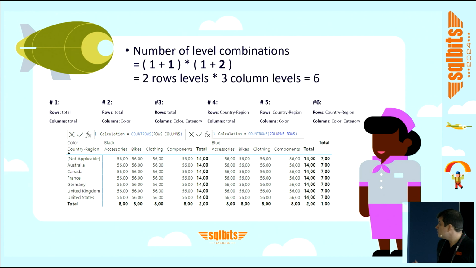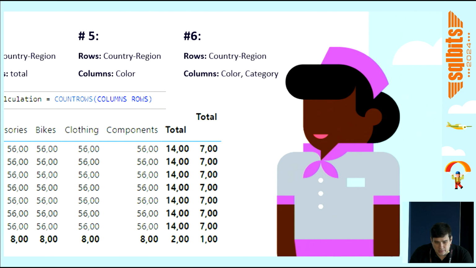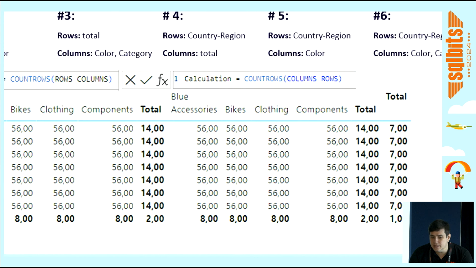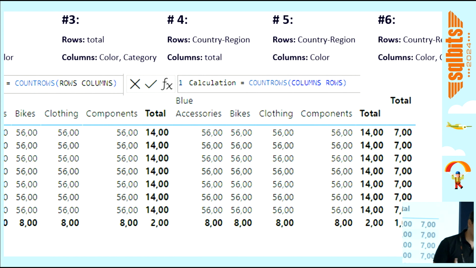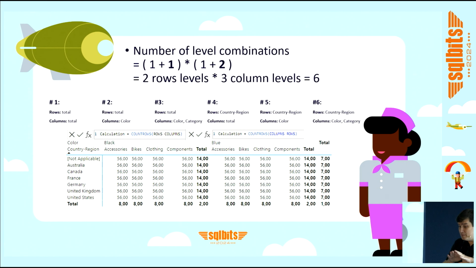So if I do a new visual calculation that puts here count rows, either rows columns or columns rows, in this case it doesn't matter. But if you're using running sum or moving average, it does matter which one you use. For this calculation, I'm just counting the rows, and the output is the same.